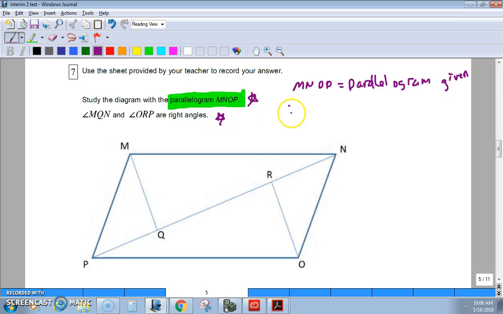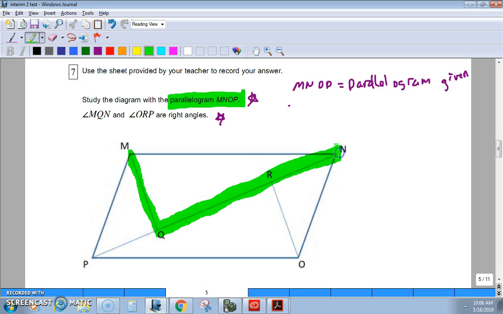And your second given was that MQN, so that's going to be MQN, you have to do it in order of how the letters are written, and ORP are both right angles.